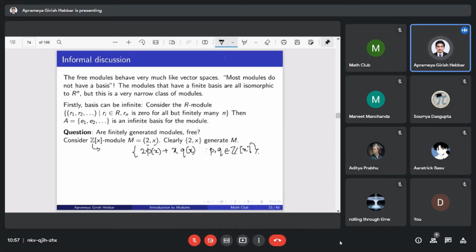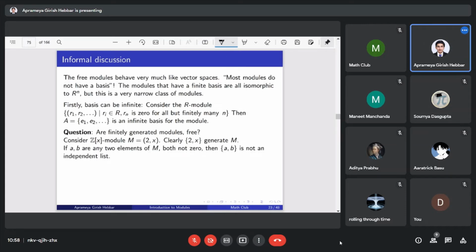So this is a module, since it is an ideal of Z[x]. So clearly, we have a generating set A equal to {2, x}: 2 times an element from the ring Z[x], x times some element from the ring. This would make all of M.